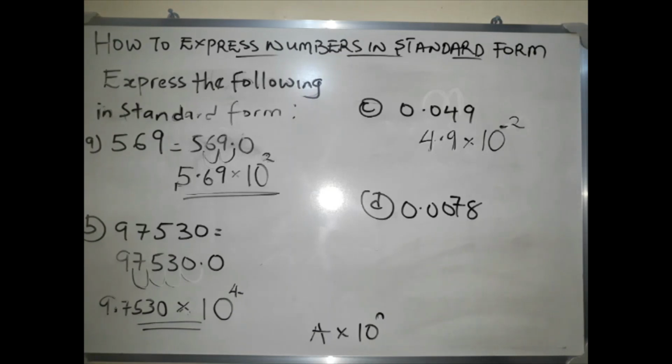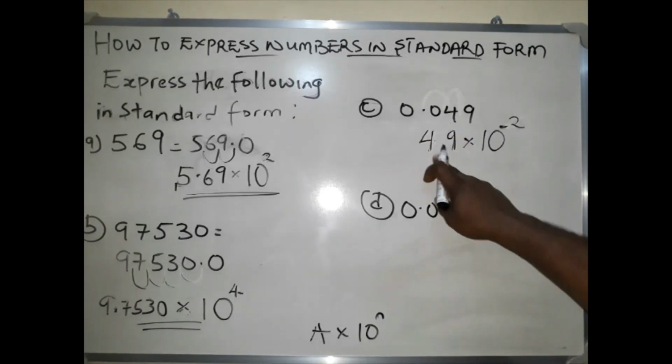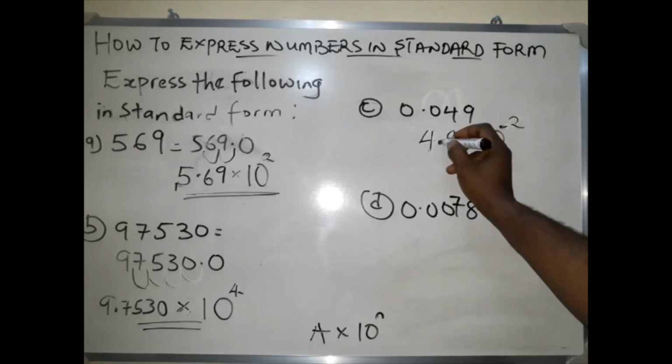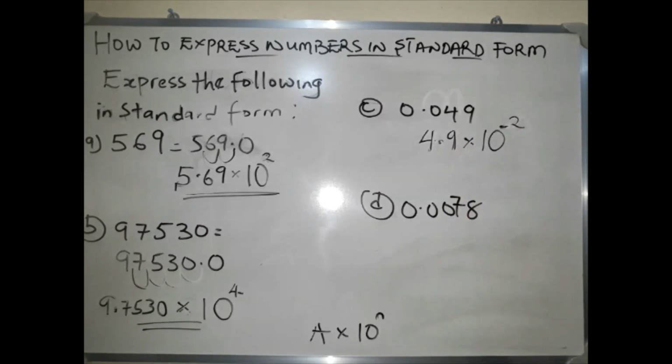So let's do the final example, which is 0.0078. You have the decimal point, so we'll move it to the right so that we can get a value for our a, which will be between 1 and 10.